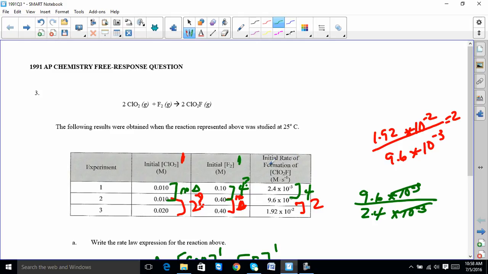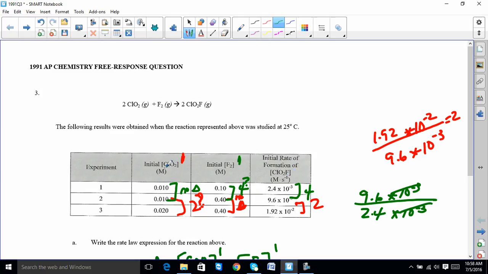By the way, they say initial rate because you know how kinetics works. As the reactants slowly turn over to product, these concentrations go down, and when they're less concentrated, the reaction is slower. So we're always looking for the initial rate of formation. They just measured these rates for the first couple of seconds, and then it drops off because of the decreasing concentration.